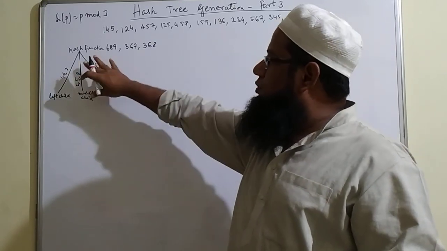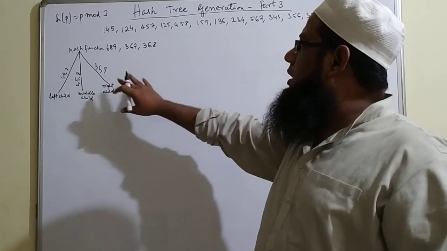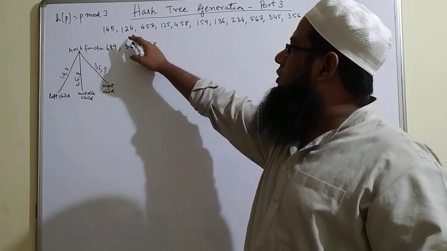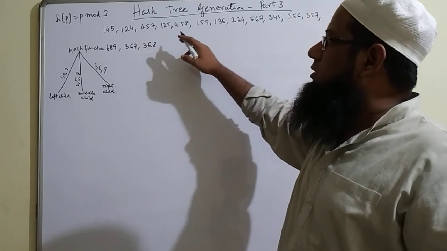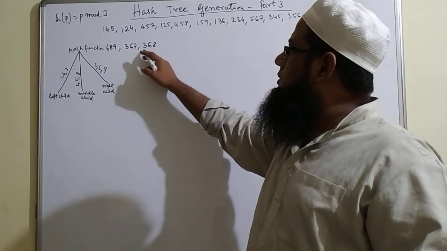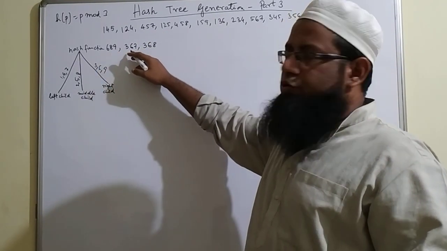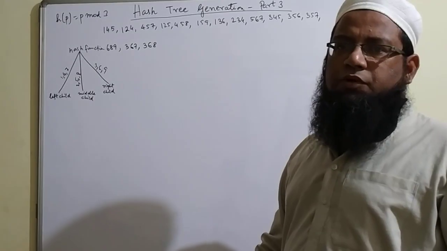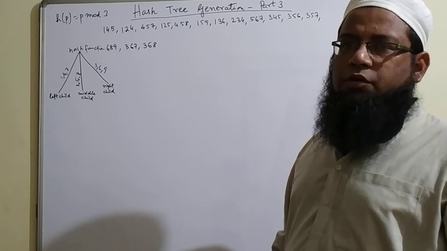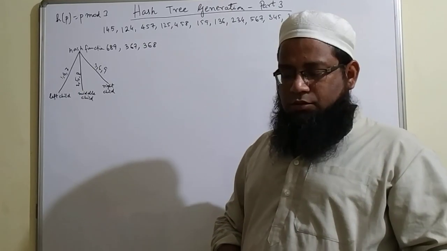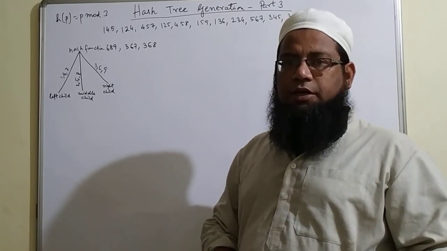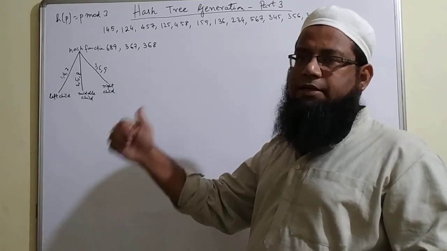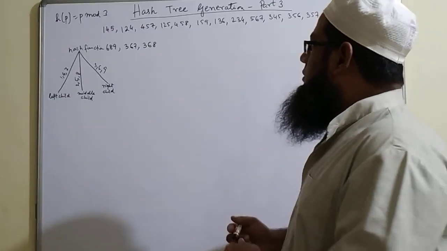Taking this into the structure, we have to make a tree for the candidate item sets 145, 124, 459 and so on till 689, 367 and 368. First, using the first number, we will try to divide these into left child, middle child and right child.